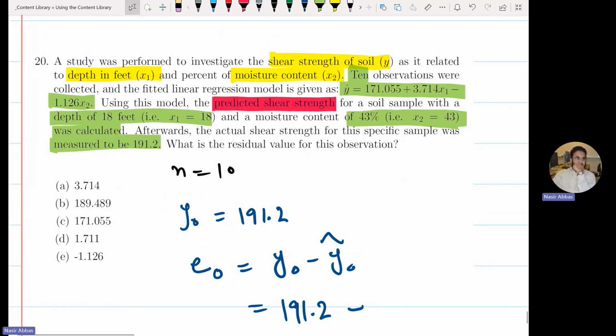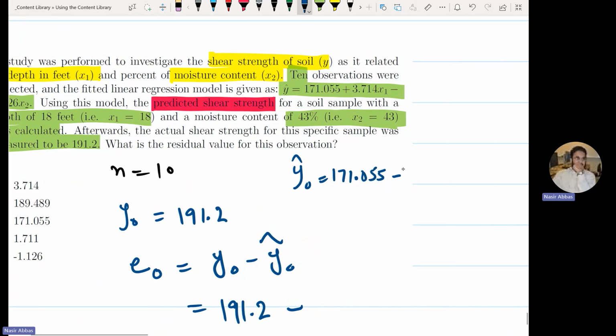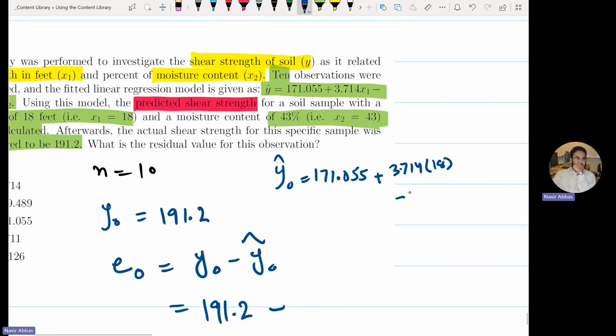For the fitted value, what will you do? You will put the X values given to you in the model. So the fitted value Y naught hat will be 171.055 minus 3.714 times, what is the value of X1 given to you? 18, minus 1.126 times, what is the value of X2 given to you? 43.